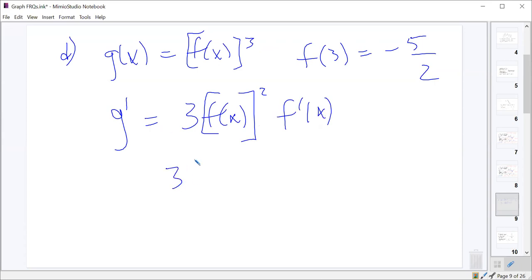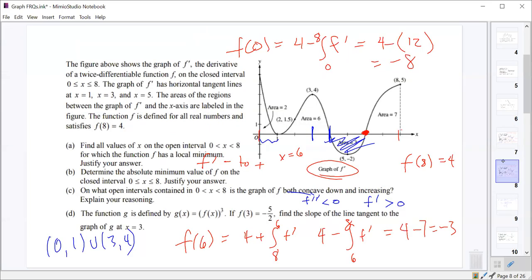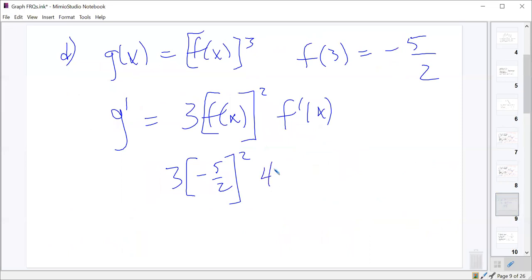So 3 times negative 5 halves squared. And then f prime of 3, we'll look at the graph. What was f prime of 3? Looks like that was 4. So whatever that comes out to be, what is that? Negative 75.